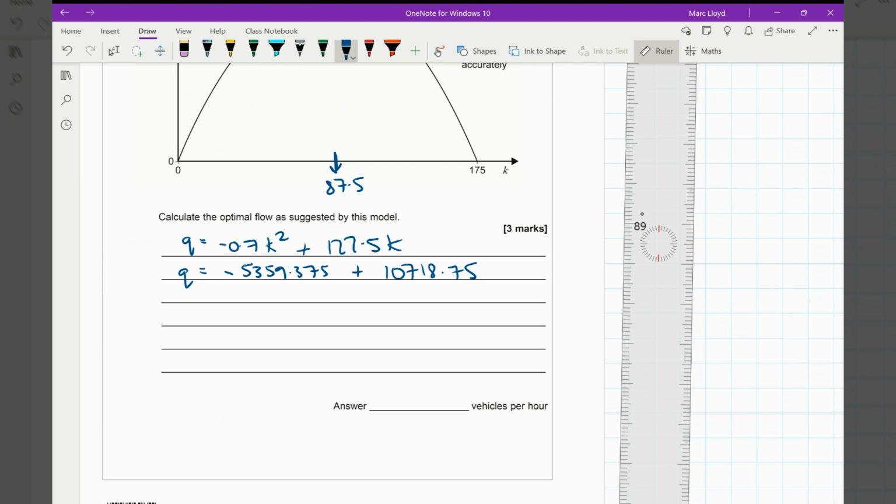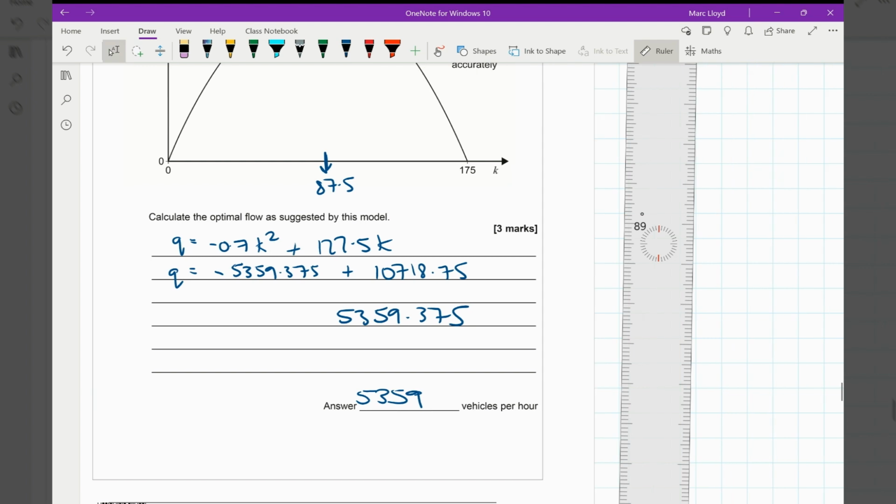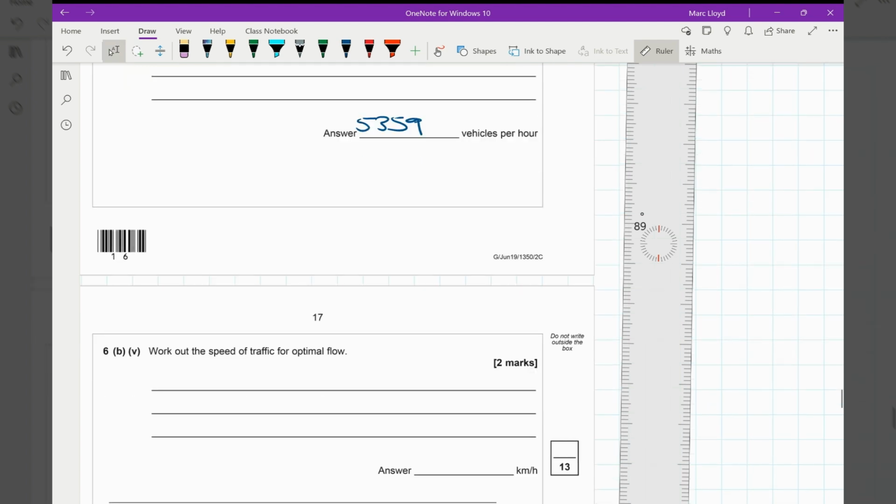Okay, combine the two of them, and finally, that gives us 5359.375, which it doesn't actually say to round it to anything. So I'm going to go to 5359. The mark scheme says 5360 to 3 significant figures, which basically covers every answer really that's accurate.